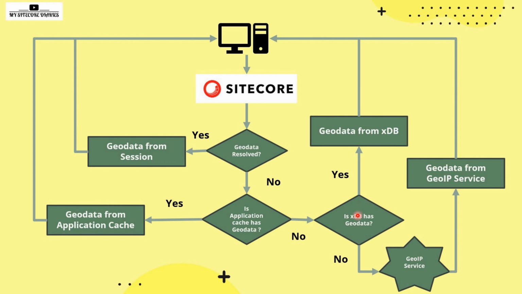If it is available in the xDB, it will take it from there, and if not, it will make the request to the GeoIP service. The GeoIP service is nothing but your lookup service; it does what a lookup service generally does. It checks in the table and then returns the geo data. So this is how it works internally when we make a call for a GeoIP service.